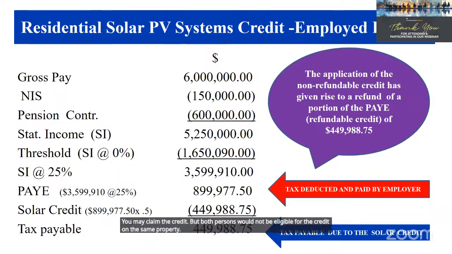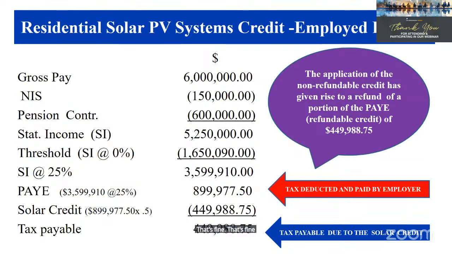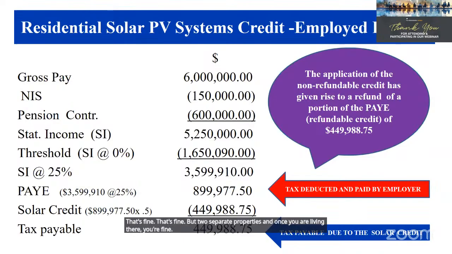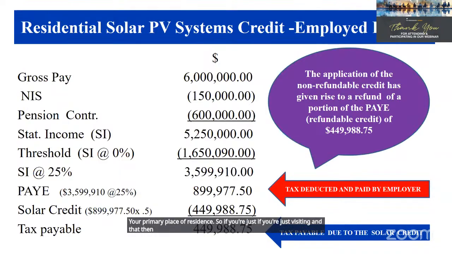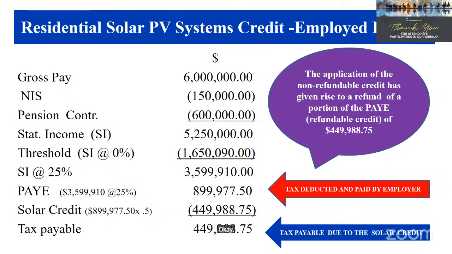That's fine. But two separate properties, and once you are living there, you're fine. Okay. Your primary place of residence. Yes. So if you're just visiting, then no, but living as in separated and in two separate locations, okay. Okay, double checking. Thanks.